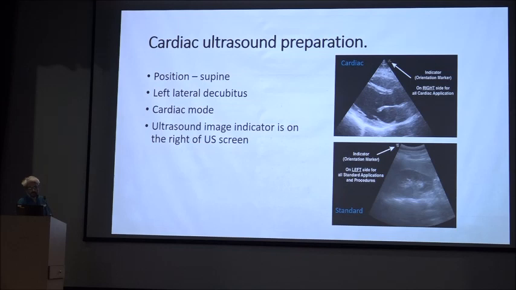The first most important difference is that when you're doing a normal ultrasound, an abdomen ultrasound, or putting in lines, the indicator is on the left side of the screen, whereas in cardiac it is on the right side. So when you're doing a cardiac ultrasound, always make sure of the indicator position; there is a button to switch it, or you can convert the settings into the cardiac preset and shift the indicator.